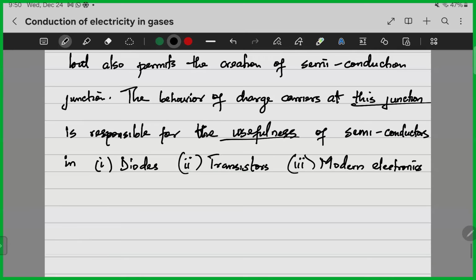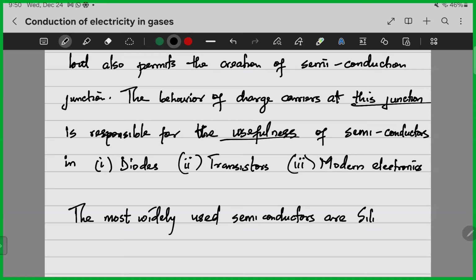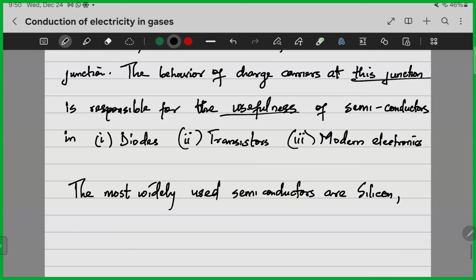It is good to note before we conclude finally that the most widely used semiconductors are silicon, germanium, and compounds of gallium.